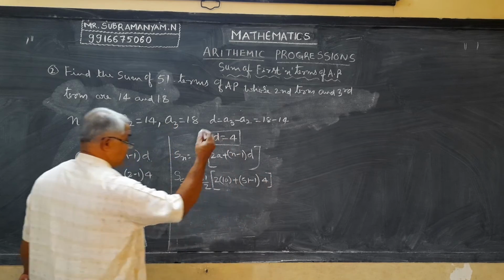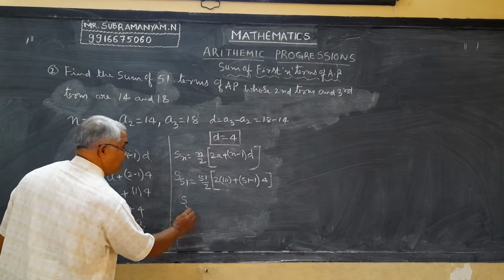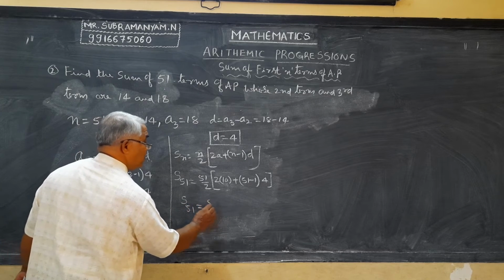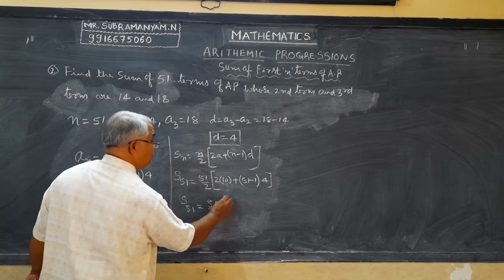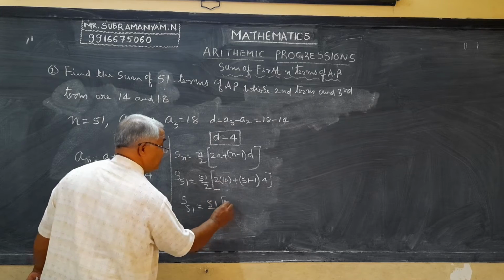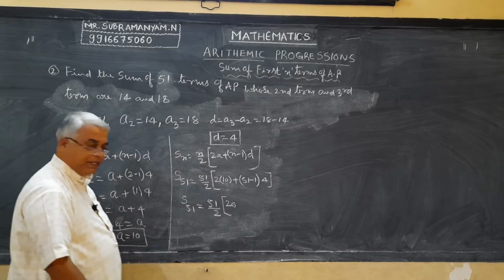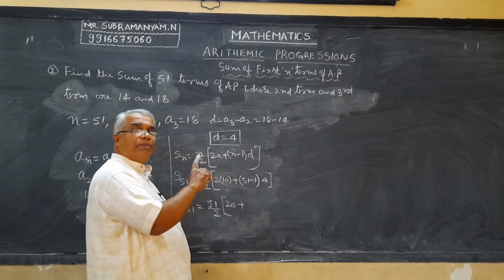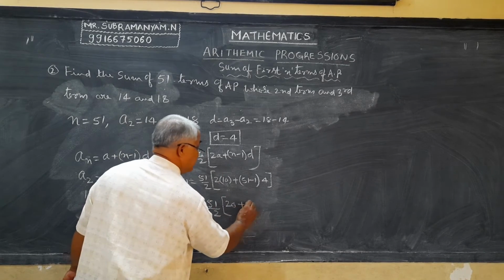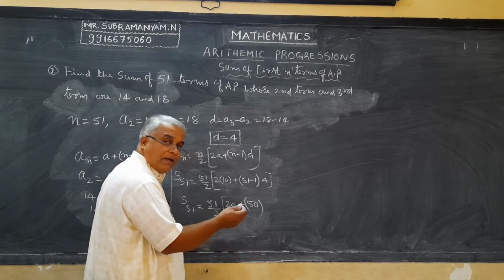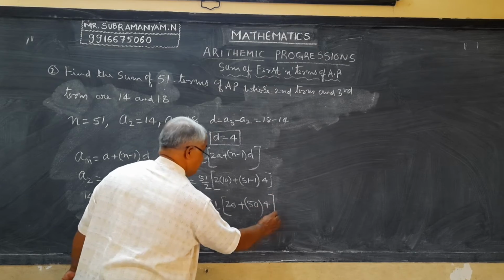We close the bracket. S51 equal to 51 by 2 into 2 into 10, it is 20, plus, now subtract 51 and 1, so it is 50 multiplied by 4.